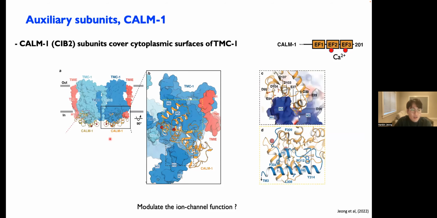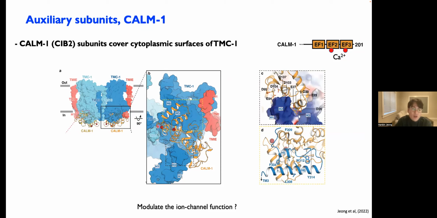And there are CAM proteins on the cytosolic face of TMC1, which have 3 EF-hand motifs, and they cover the cytosolic surface of TMC1, and almost every cytosolic helix of TMC1 interacts with this CAM protein.